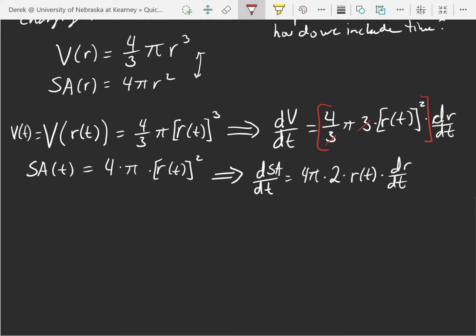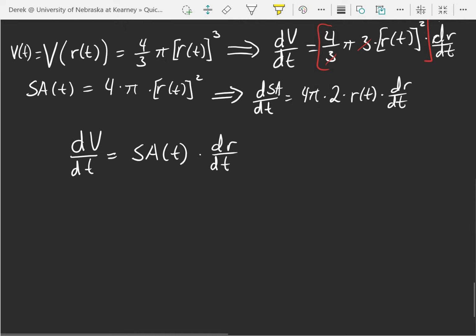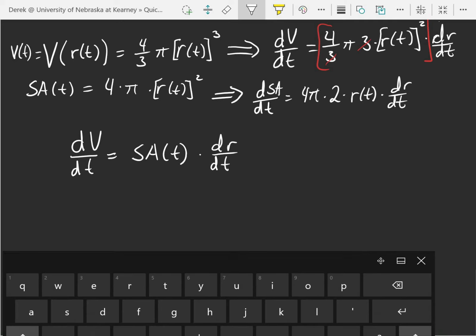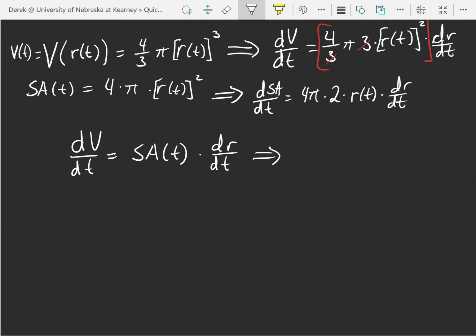So I get that dV dt is equal to the surface area at a specific time times the derivative of the radius with respect to time. And that way I can get that dr dt is equal to 1 over the surface area at a specific time times dV dt.